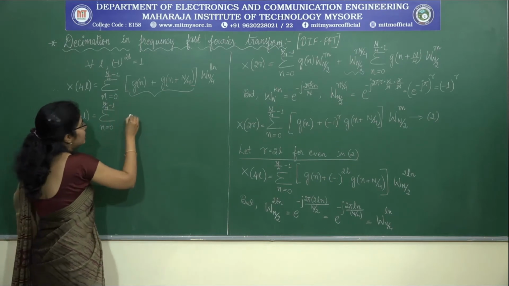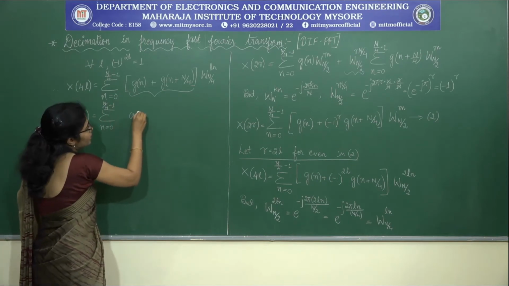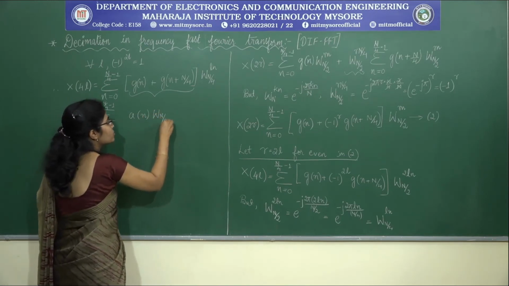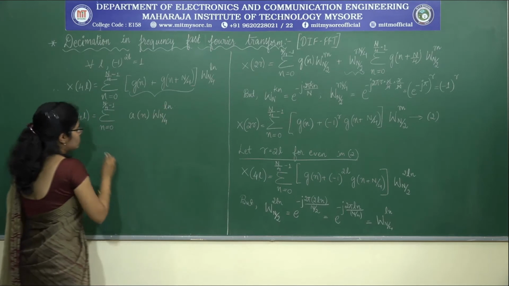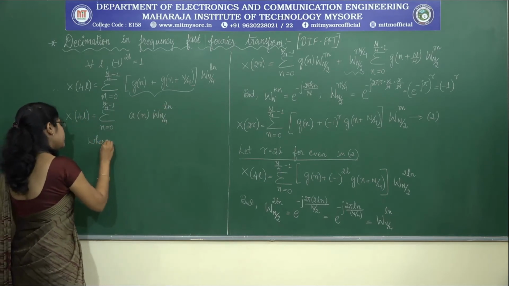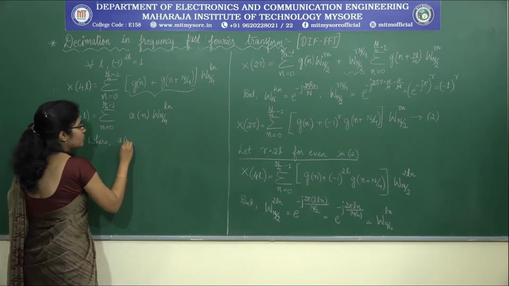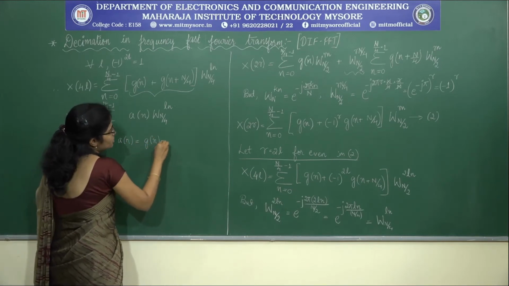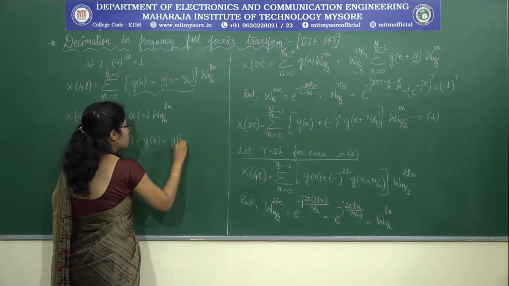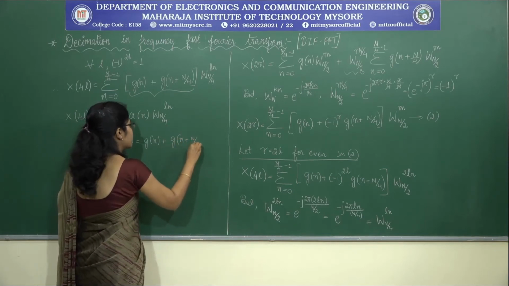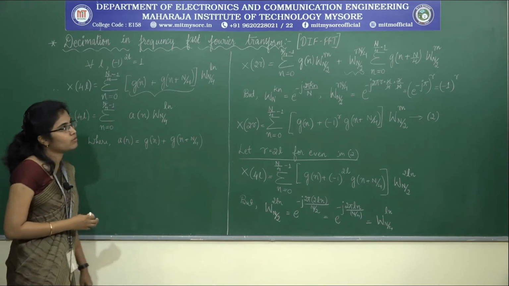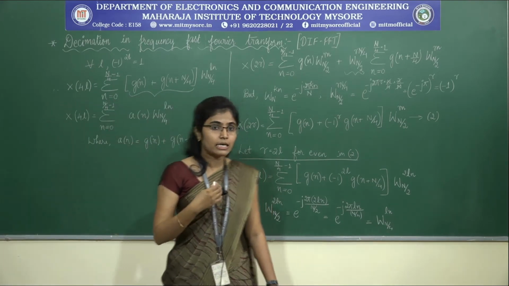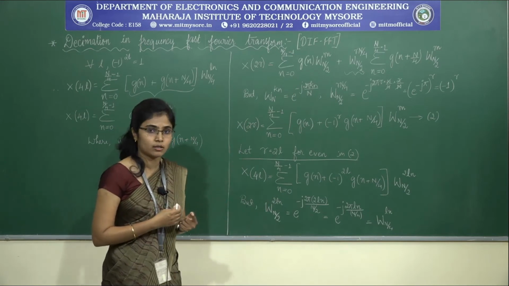Let me take that as a of n into omega N by 4 to the power of ln, where a of n is nothing but equal to g of n plus g of n plus N/4. So, this is how we decimate the given sequence in DIF FFT algorithm.